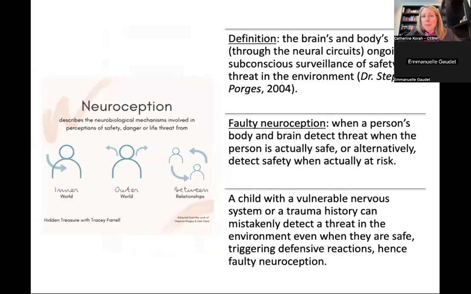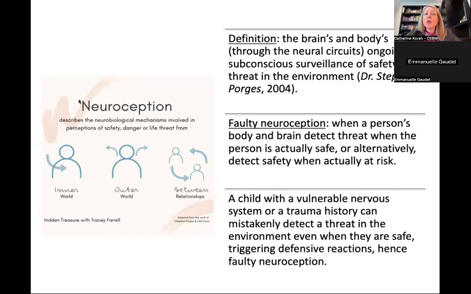Now, another concept that is important for me to bring up here is the term neuroception. This was a term coined by Stephen Porges, a neuroscientist from the US, and he's the one who came up with the polyvagal theory, for those who are aware of this author.